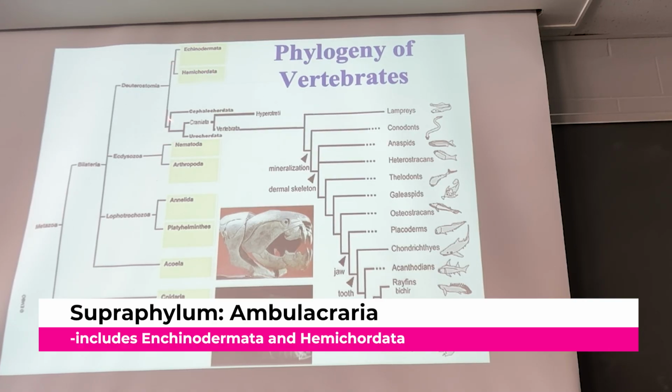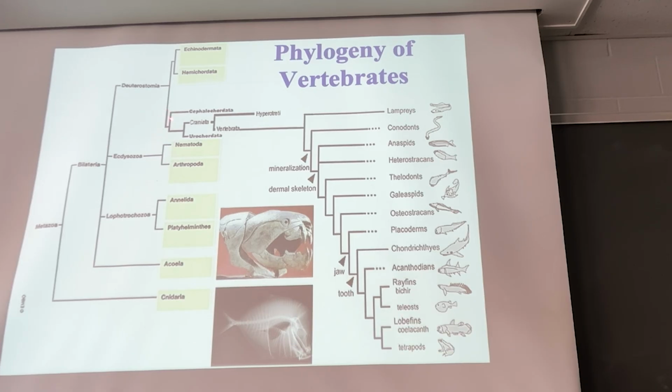Then we come down here and we have superphylum Chordata, and then three phyla: Cephalochordata, Urochordata, and Craniata. This is where we're moving into now. Craniata has two subphyla, Vertebrata, and this group right here called Hyperotreti, which are the hagfish.